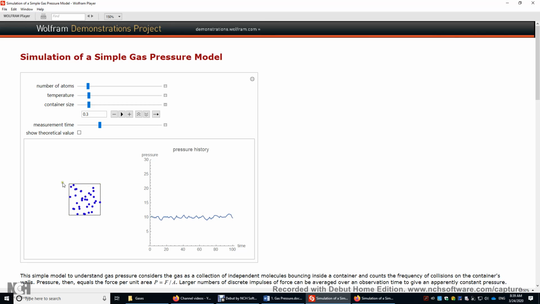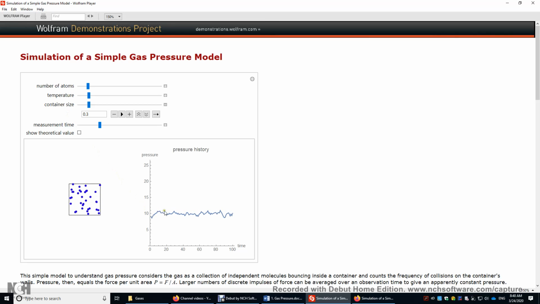They collide with the surface areas of this cubic box. We are looking at the two-dimensional cut view of this box. The pressure is 10 without a unit, because we just need to understand how pressure changes with the number of atoms, temperature, and volume qualitatively right now.